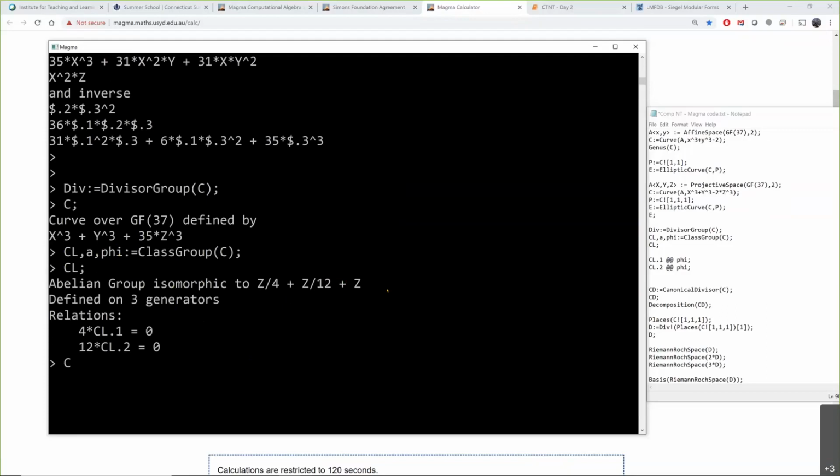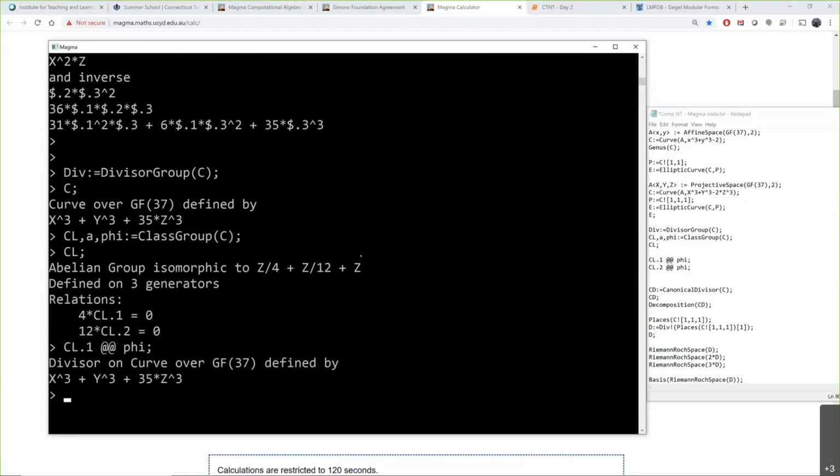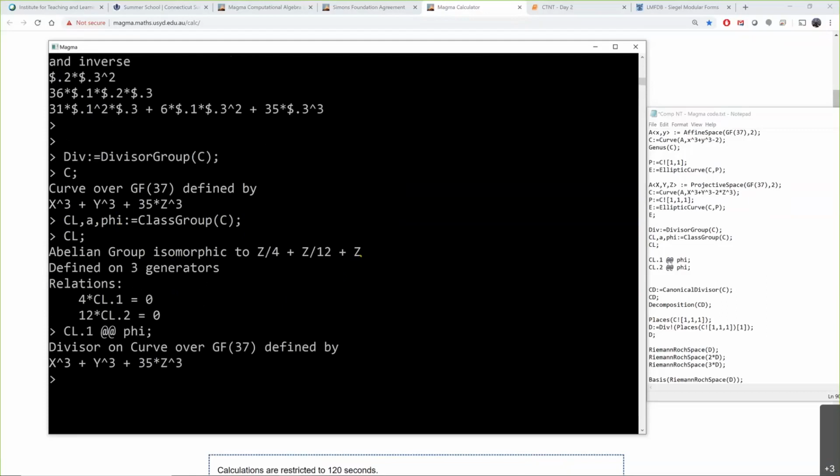So let me see who is the first generator. If I apply this phi, it will use the inverse map to actually compute a divisor. What does that mean? Let's call this divisor D.